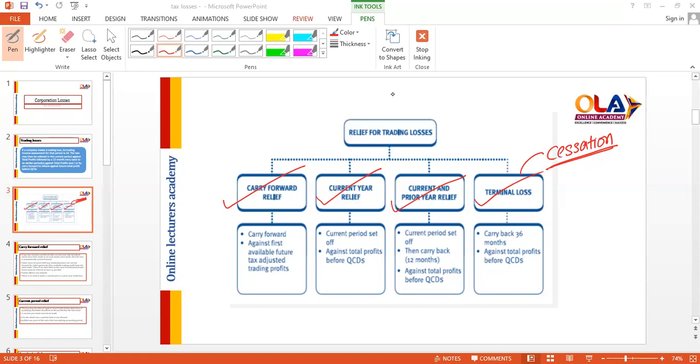You can ask any question in the chat box, and if you want me to discuss any particular issue which you feel is a difficult one, if you want any advice, you can just write in the chat box, and then I will consider that as well. My focus will be on those areas which are important and which students find very difficult.